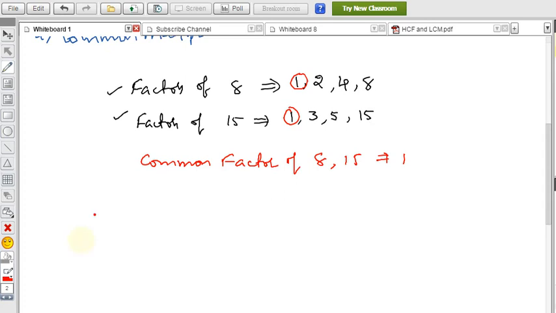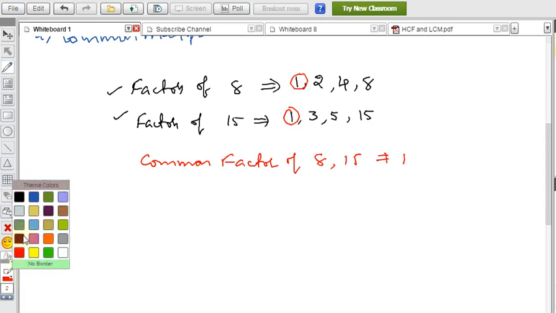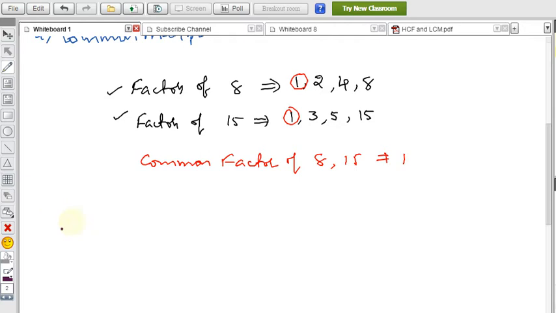Let us take one more example. Factors of 6 and factors of the same 15 I am taking.